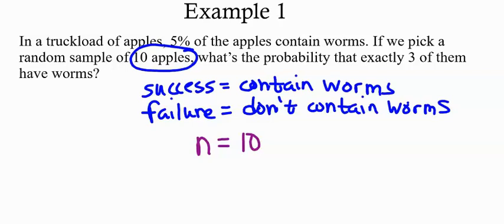But then is the probability the same everywhere I go? It is. 5% of the apples contain worms. So no matter what, 5% of the whole batch is apples with worms. So our probability of success, which is the apples that contain worms, is 5%, which is 0.05.